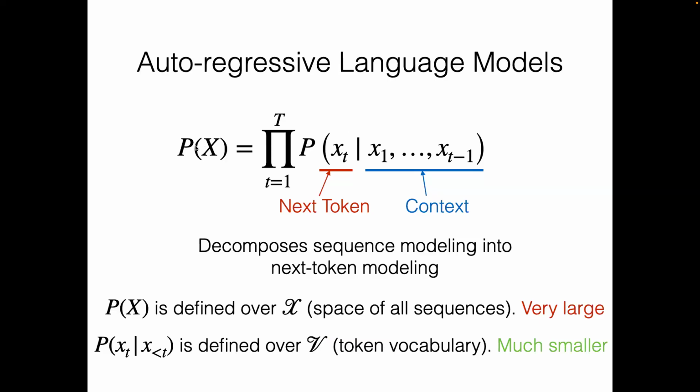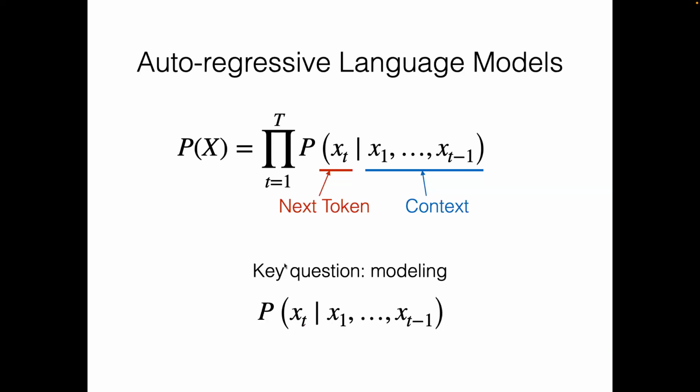It's much smaller than the number of possible sequences. So our goal really is going to be learning these really good next token distributions. Because if we can learn to predict the next token given the previous tokens, then we can learn to predict the probability of full sequences, or it turns out even generate full sequences.